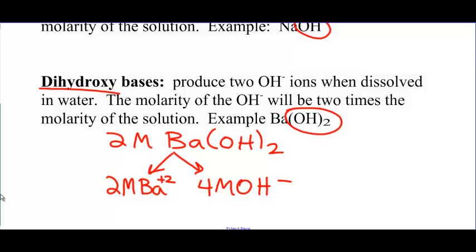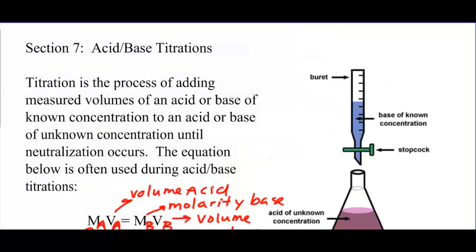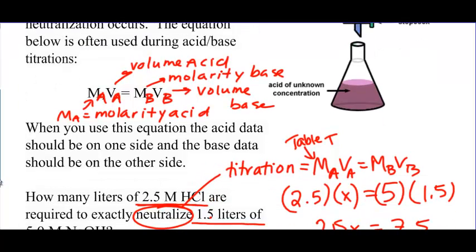So just pay attention to that when you're doing titration formulas, because every once in a while they throw you a curveball with the titration formulas. Because when we plug in here, when we do MAVA equals MBVB, these are actually your molarities of H+ for the acid and OH- for the base.